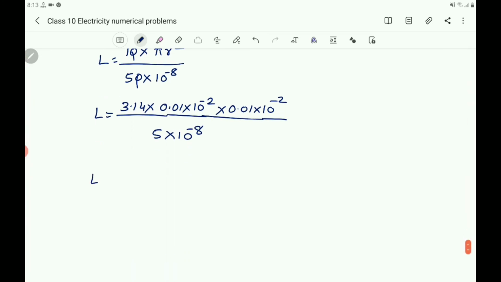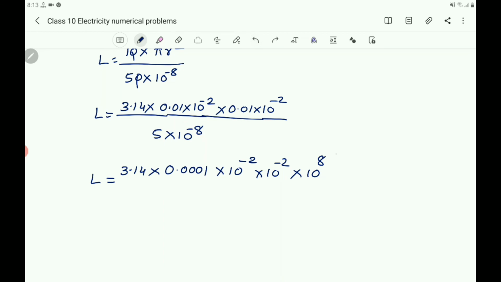Then L equals, so you write 3.14 into 0.01 into 0.01, that is 0.0001. So after the decimal points there are 4 digits, that equals 10 power minus 2 into 10 power minus 2 into 10 power 8.